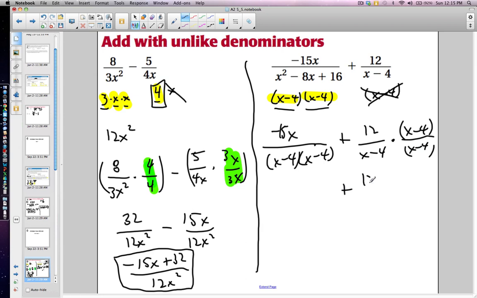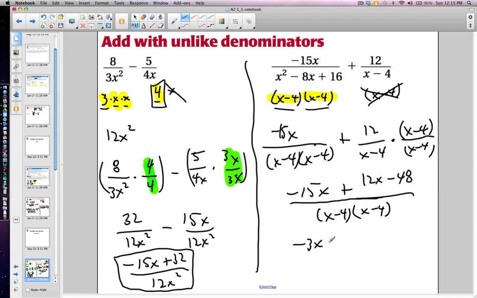So this will become 12x minus 48. Right? And actually, I might as well just make one fraction at this point. I have common denominators. And here I have negative 15x. So negative 15x plus 12x is negative 3x minus 48 over x minus 4 times x minus 4.